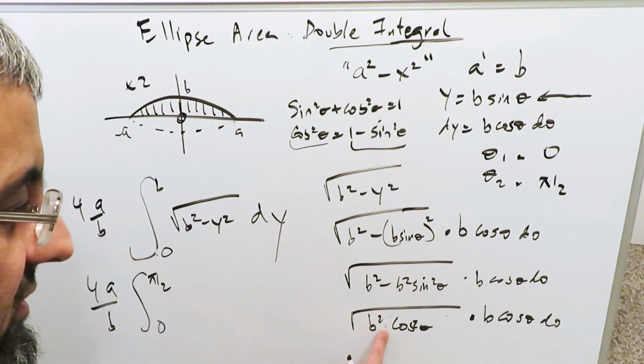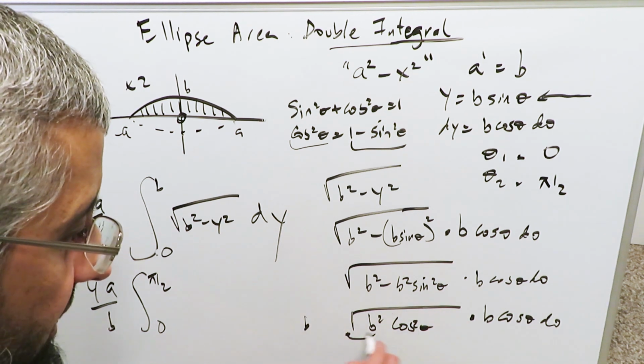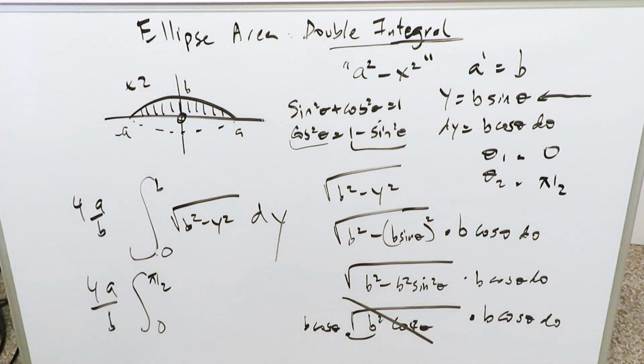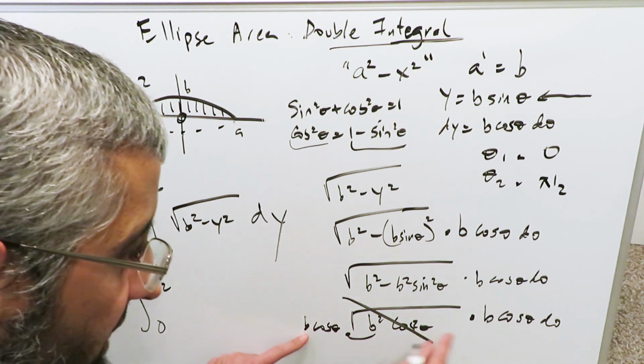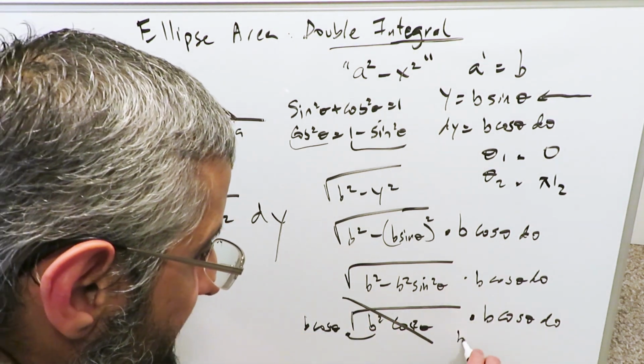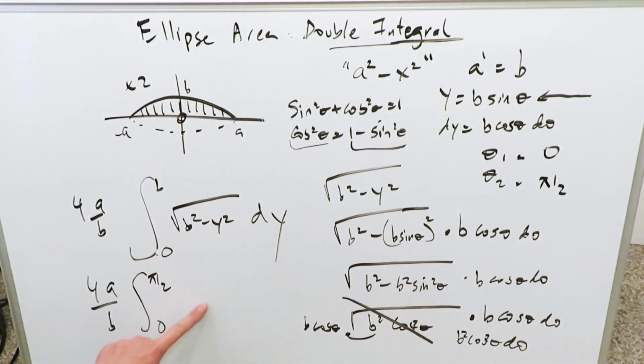You know these are perfect squares in a perfect square root. The b square will come out as a b, the cosine theta will come out as a cosine theta, and everything in the radical will be exhausted because it's coming out as a b cosine theta, which multiplies with b cosine theta, and you end up seeing from here a b square cosine square theta d theta, which has to be brought for you right here.